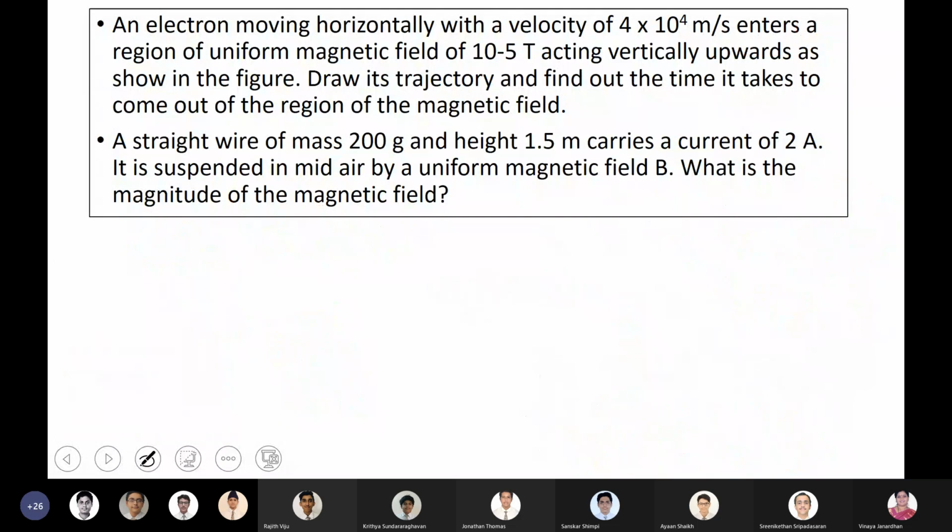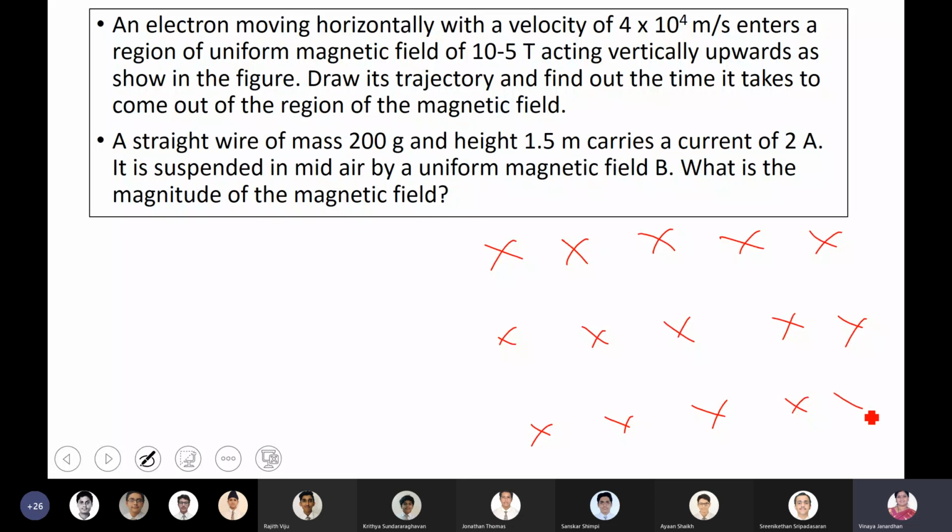A straight wire of mass 200 grams and at a height 1.5 meters carries a current of 2 ampere. It is suspended in mid-air by a uniform magnetic field B. What is the strength of the magnetic field? So let me draw the magnetic field. Let me take the magnetic field as a cross field. I think I'll be obstructing my microphone. Fine.